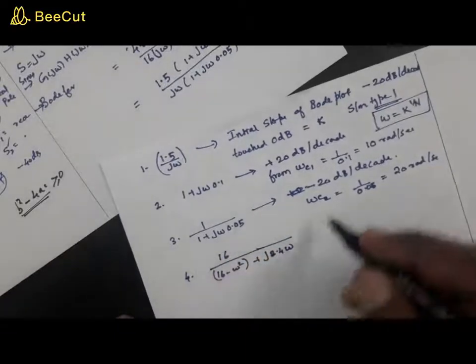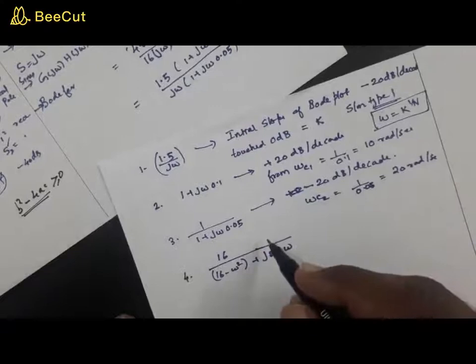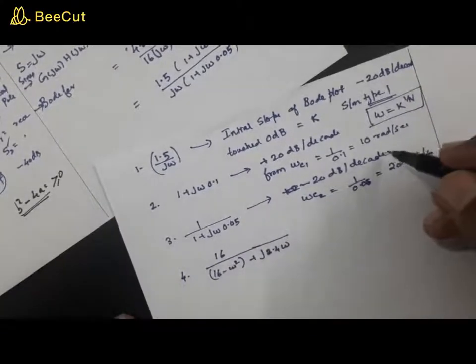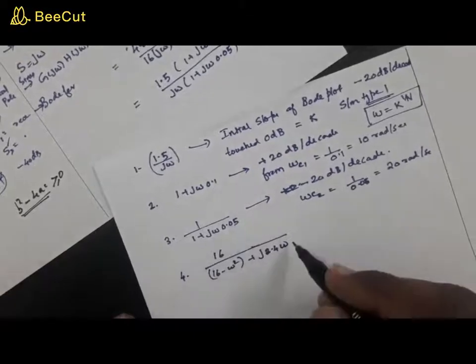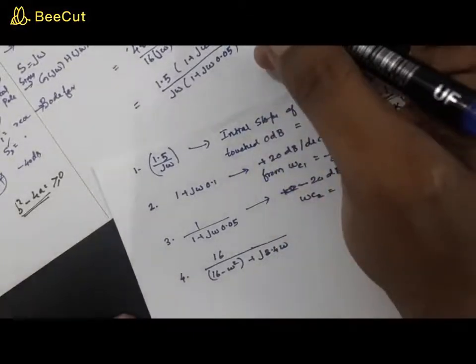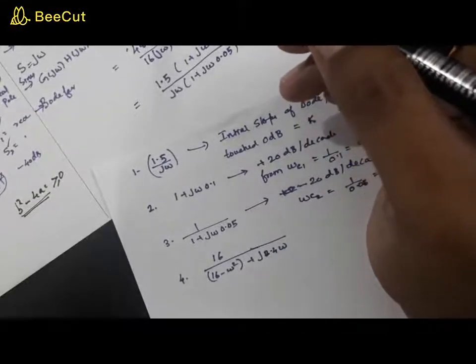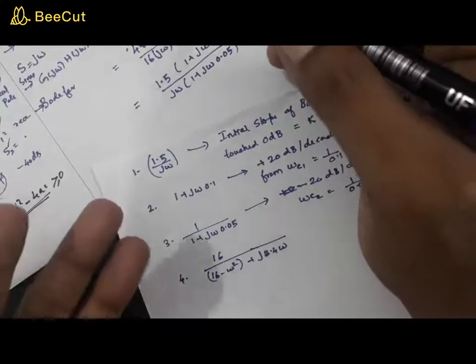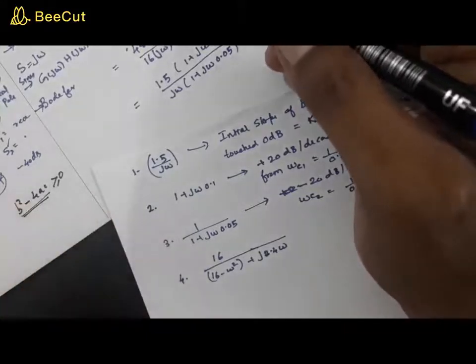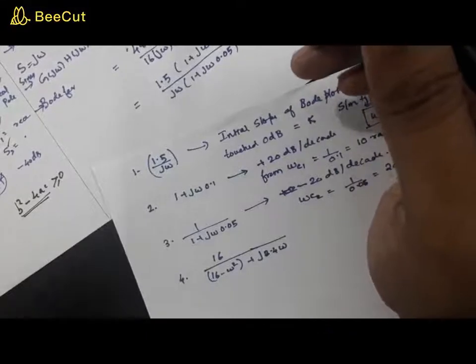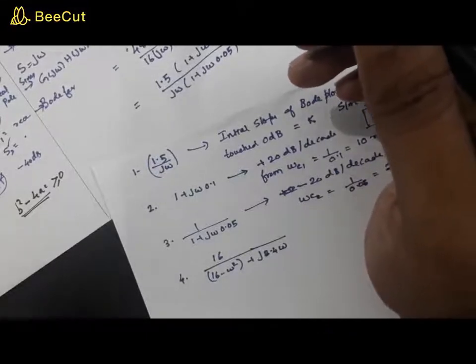You want to find out two things. One is how much slope it offers. Since it is a second order system and that too in the denominator, you can guess that this will definitely offer a minus 40 dB per decade. But you need to prove it.